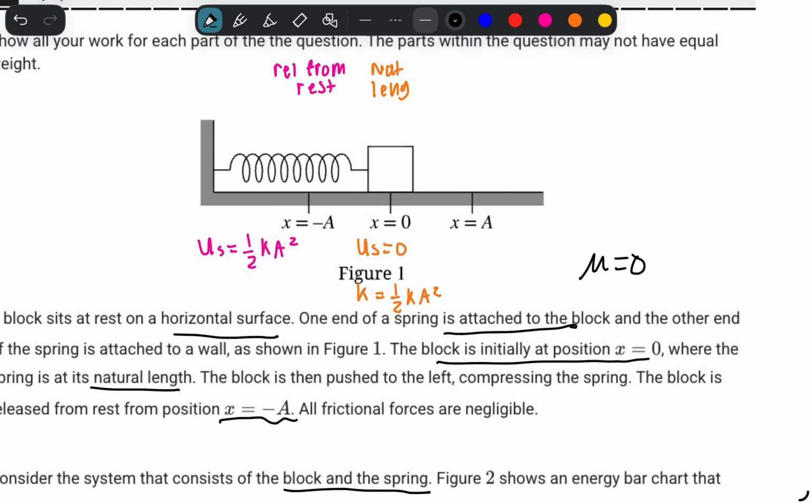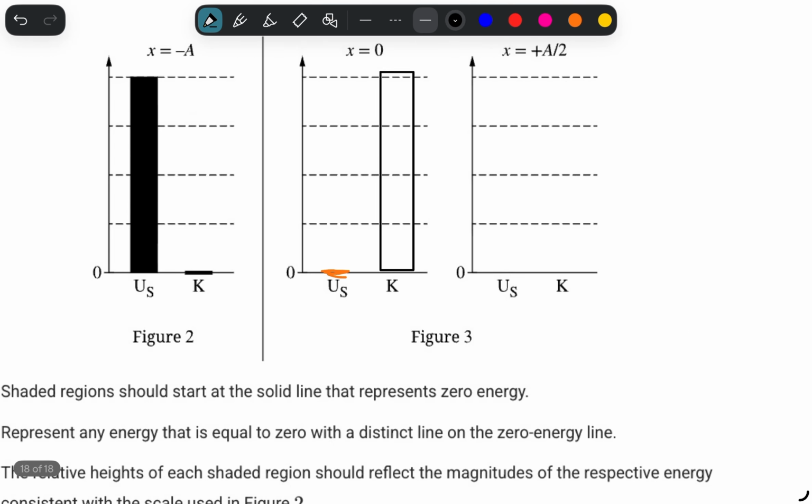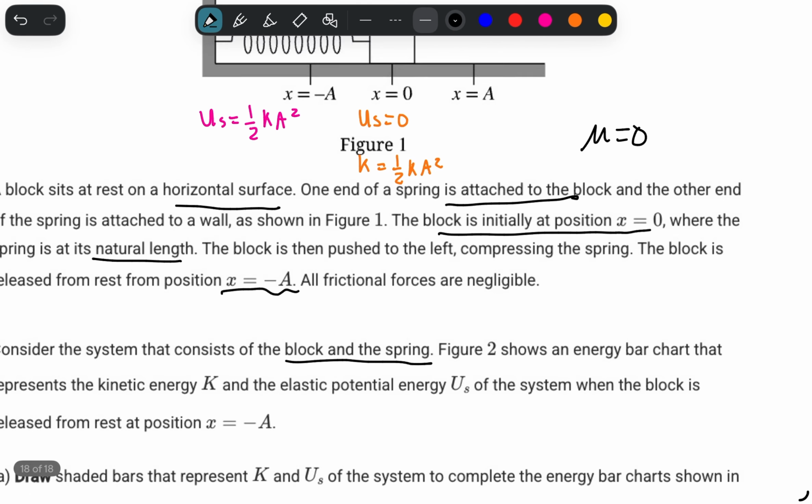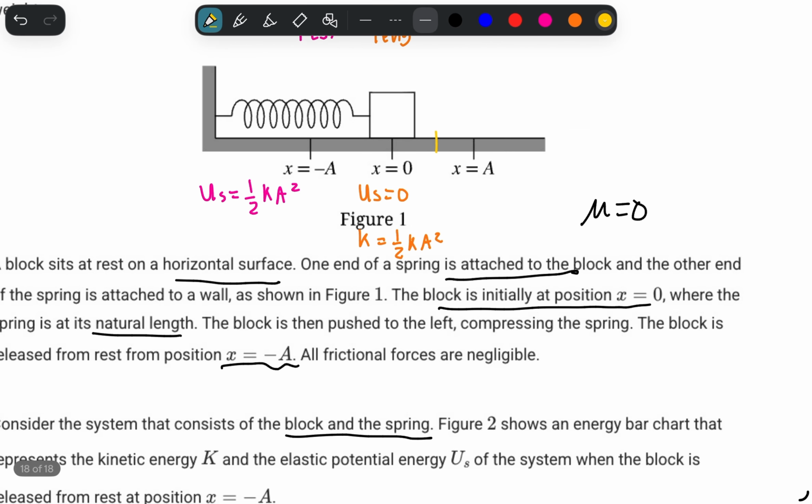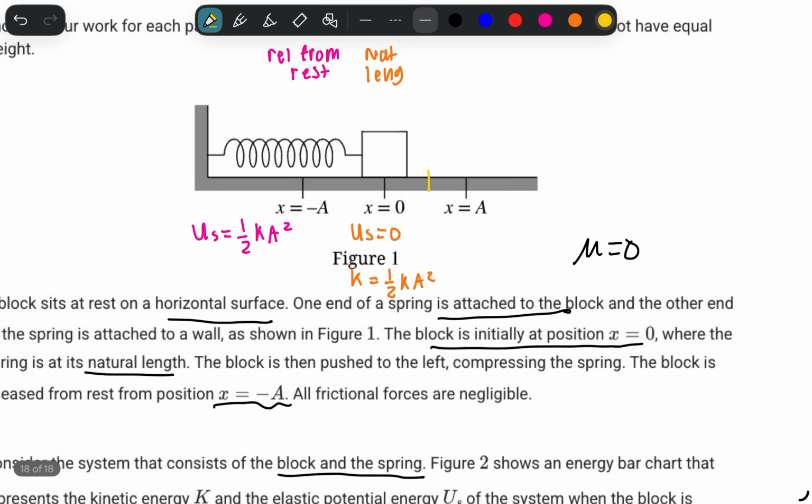What about when you're at x equal to a over 2? a over 2 would be right here, half an amplitude. At that point, US is equal to 1/2 kx squared. So we substitute in x equal to a over 2.